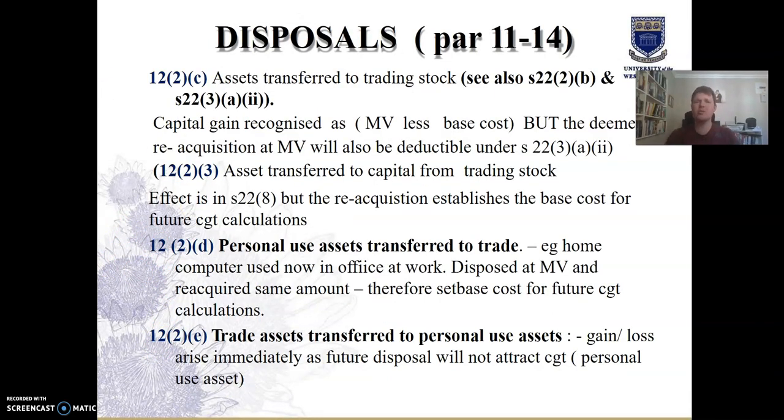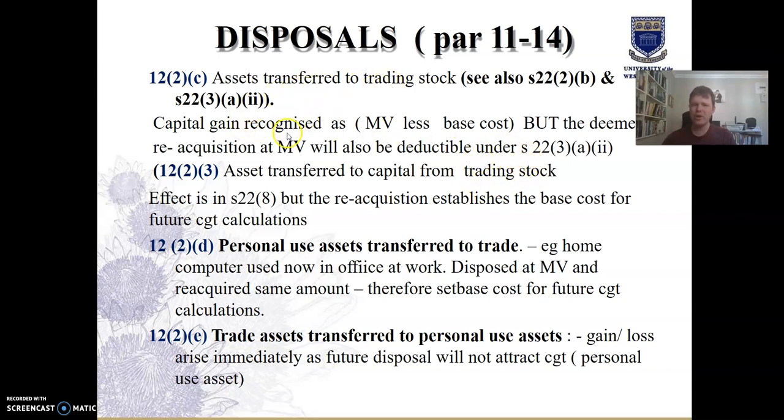Other deemed disposals function in exactly the same way: any assets that are transferred to trading stock. Okay, so if an asset that you own becomes trading stock, there'll be a deemed disposal. Exactly the same for anything that goes to capital that was trading stock.